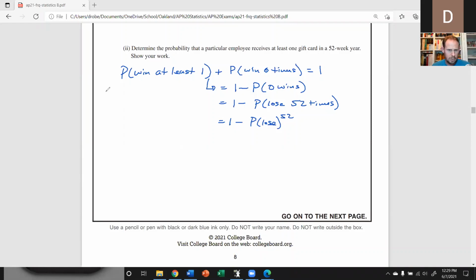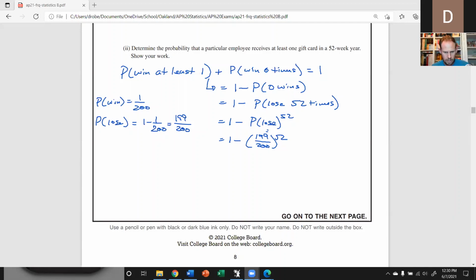The probability that they win was 1 out of 200, so the probability that they lose is 1 minus 1 out of 200, or just the other 199 people that don't win every time. So we get 1 minus 199 out of 200, to the 52nd power. They're going to lose all 52 times.